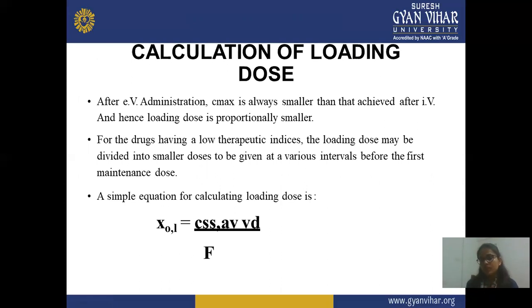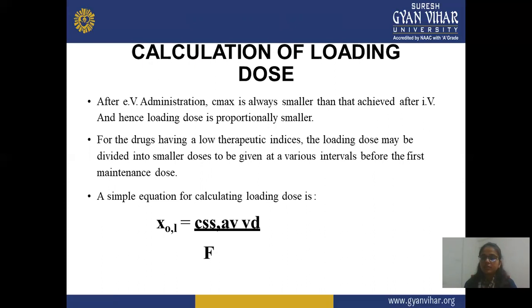Here we are comparing the intravascular and extravascular routes, because when you administer a drug by the oral route, different processes take place, including absorption, and the maximum effect is not observed. It may be comparatively smaller than with the intravascular route, and this effect is mainly compared with the IV route.